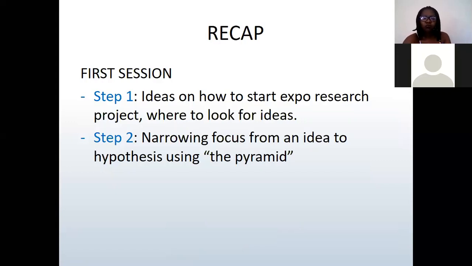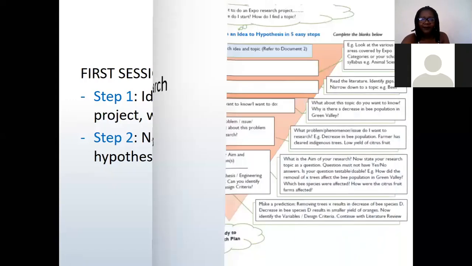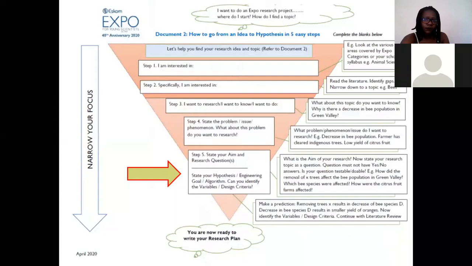And the second step was narrowing the focus from an idea to a hypothesis. And this was done using the following pyramid. So this pyramid was used from the ideation process, from ideas to hypothesis. So this was what was covered in the last session.